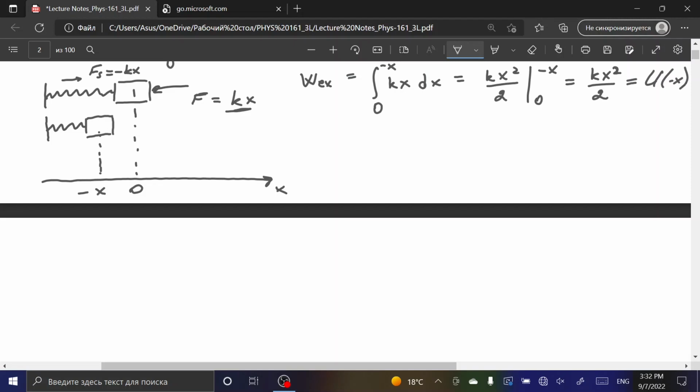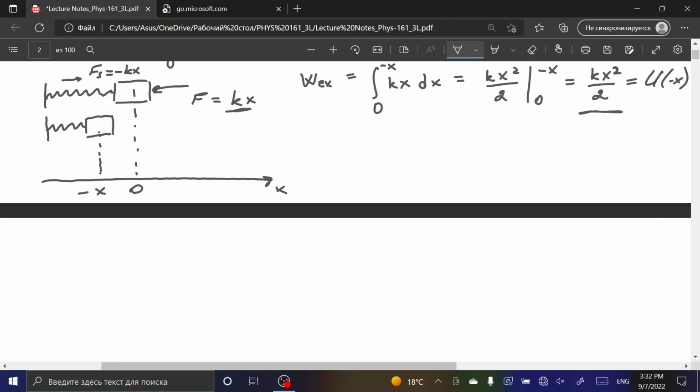So you see that when some external force performs work on the system, that increases its potential energy. So this potential energy is kx squared divided by 2.